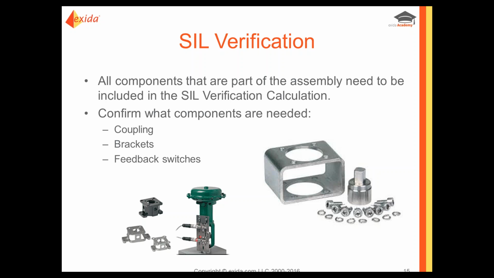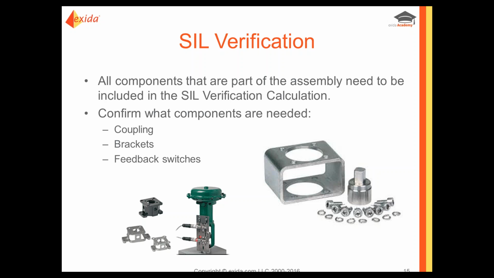So you need a list of what's in that final element, and also things such as feedback switches. If the switches are just there for information and you're not claiming diagnostics such as partial valve stroke testing, then you don't need to be as concerned about them.